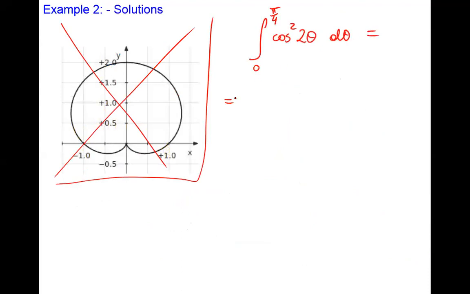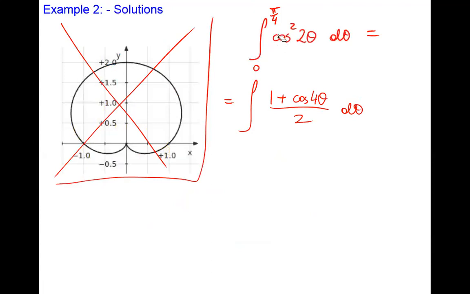That means probably you forgot, but in order to integrate cosine square or sine square, we have to use the half angle formula. That means 2 theta is the half angle. 1 plus cosine of 4 theta over 2. Okay?